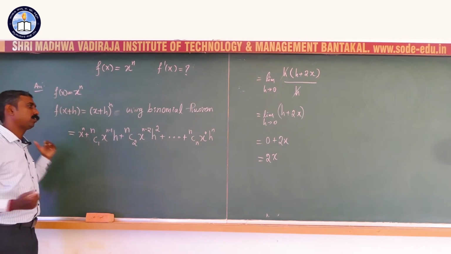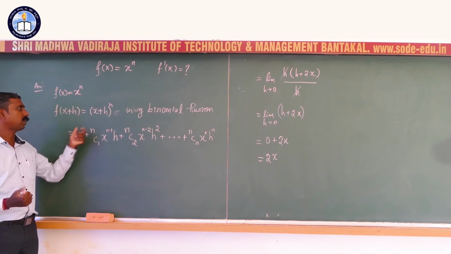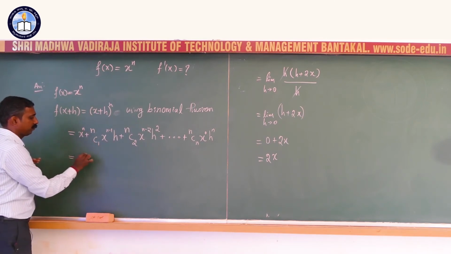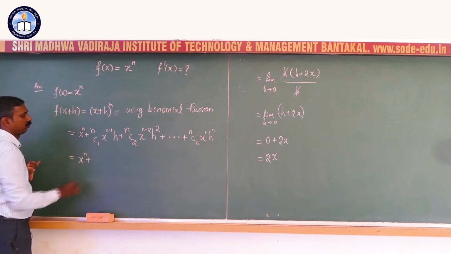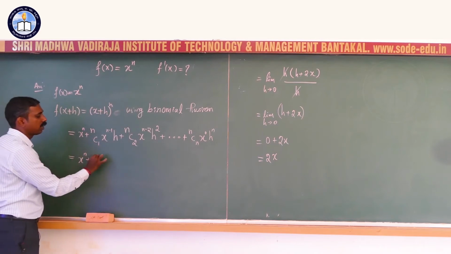So, you know the procedure to get this. This is actually nC0 x power n h power 0. So, in general we can write it simply as x power n. Simplifying this a bit further, what is nC1? nC1 is n itself.